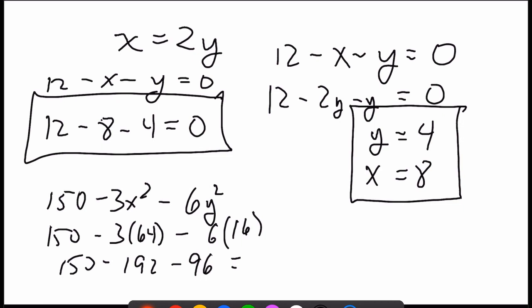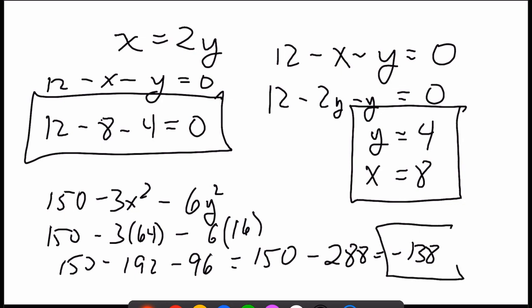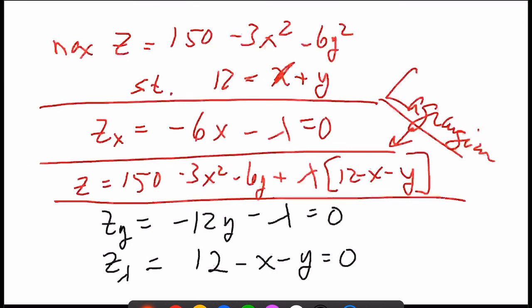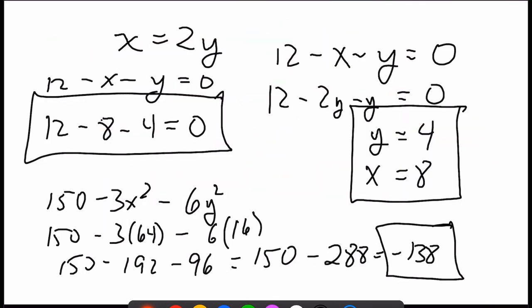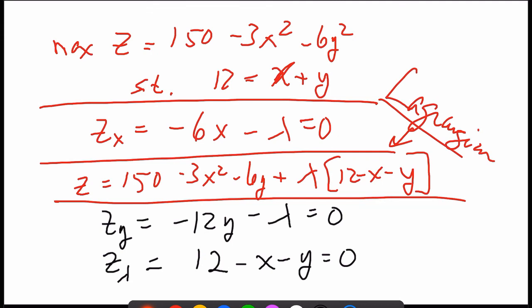So that's 150 minus 288, which is minus 138. Okay, which I'm taking as the answer. Whether I got that right or wrong, I don't care. Pretty sure that's right, 138. Now when we did this before, it was about 16. Now it's about 138.